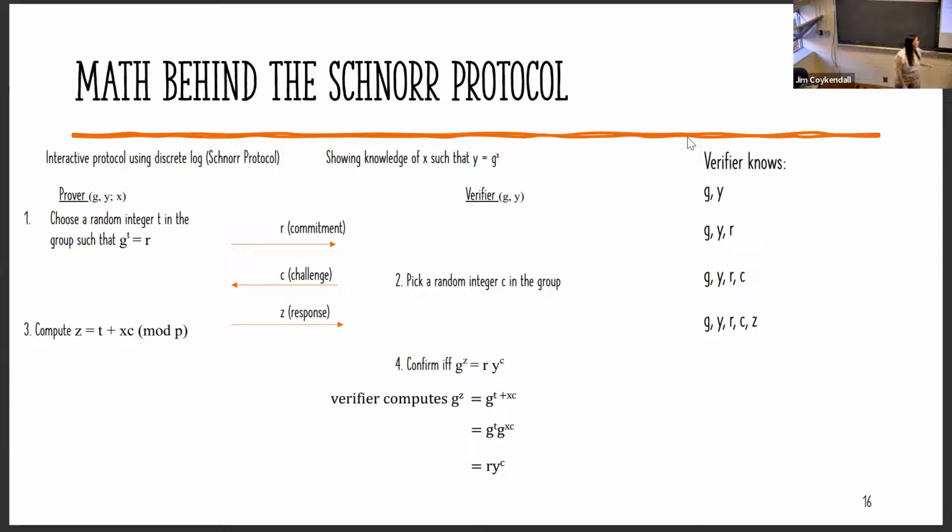So now we have g to the z, in which the verifier knows z, but we have that t plus xc condition in terms of values that the verifier knows. So he can actually compute that and do a check. So if that checks out, we're good. The prover did actually know what they're talking about.